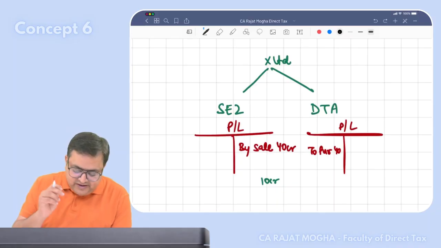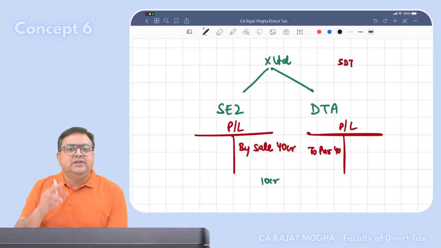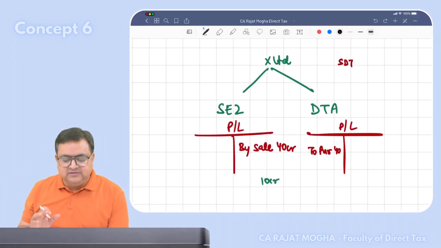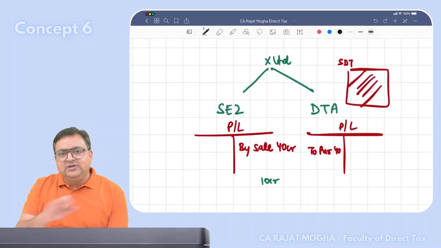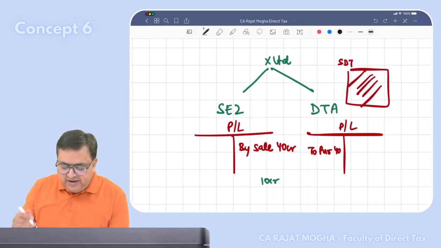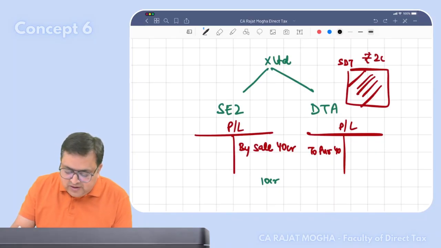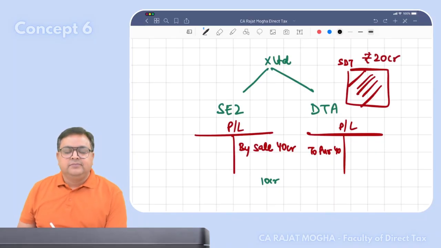And a very, very important point: the aggregate during the year of all the specified domestic transactions which you have made, if it exceeds 20 crore, then only transfer pricing provisions will be applicable.